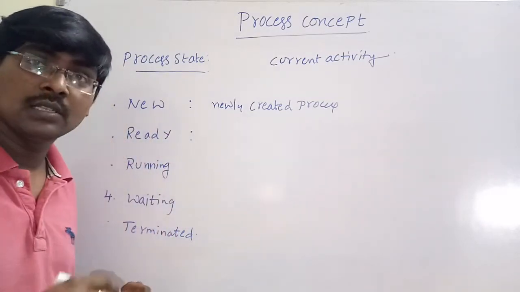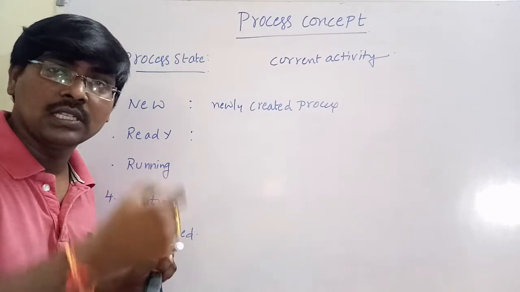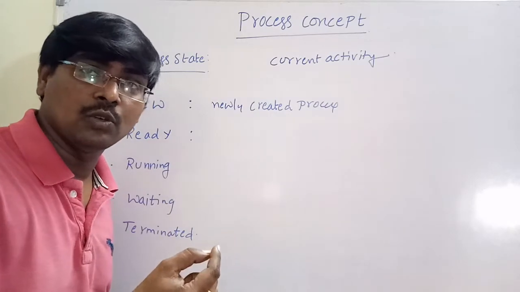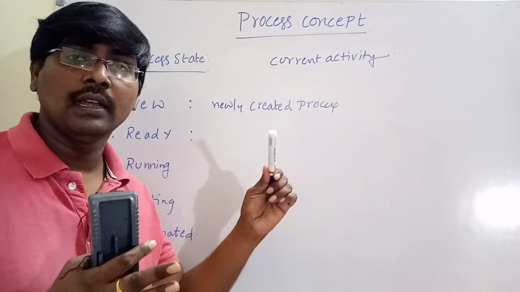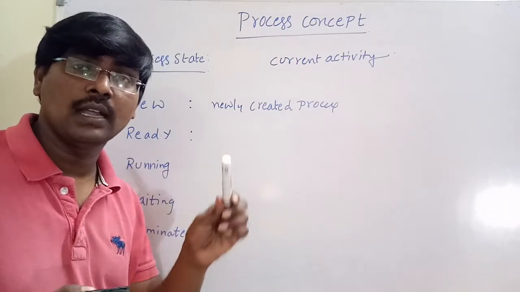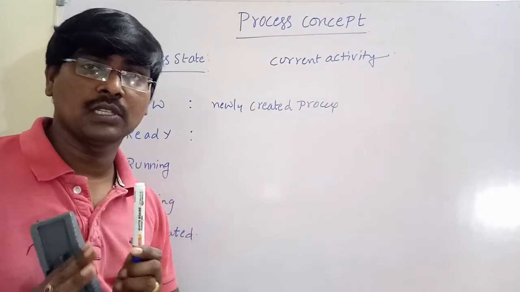Ready state means once the process is created and is ready for execution, but we have not allocated the processor. What is a processor? Processor is also called the CPU. Once the CPU is allocated, only then does it perform execution.